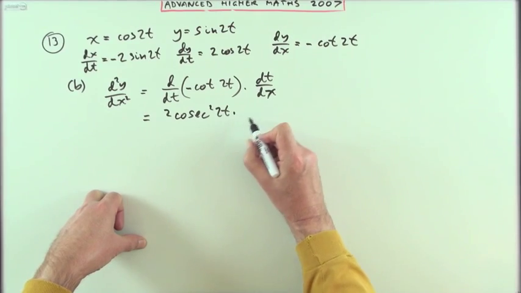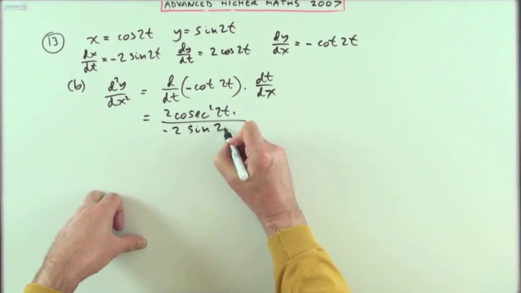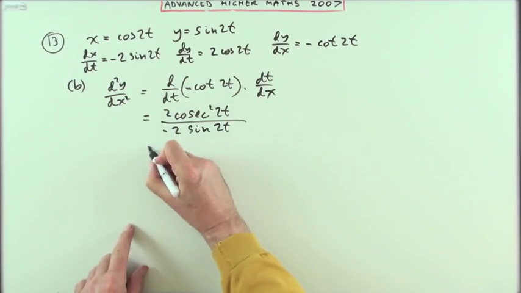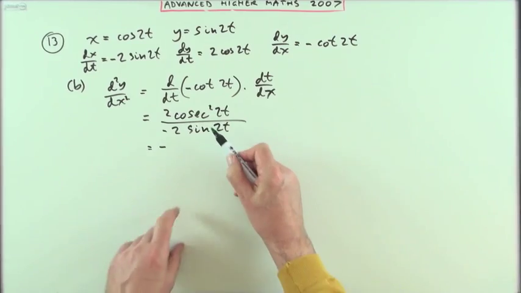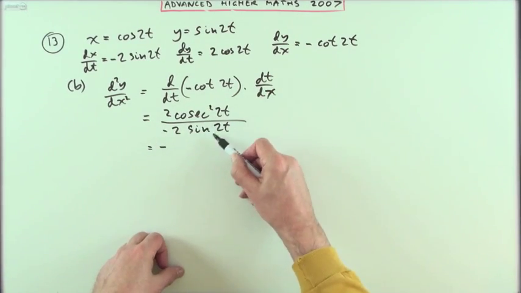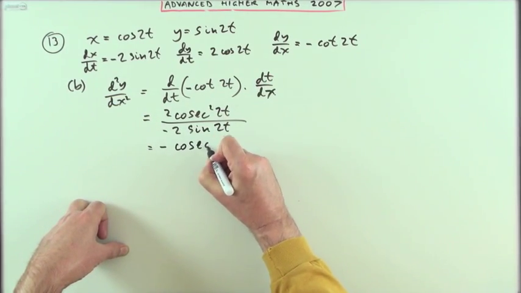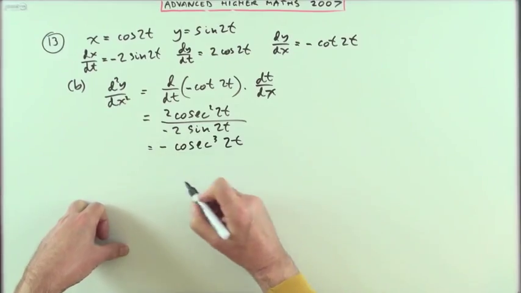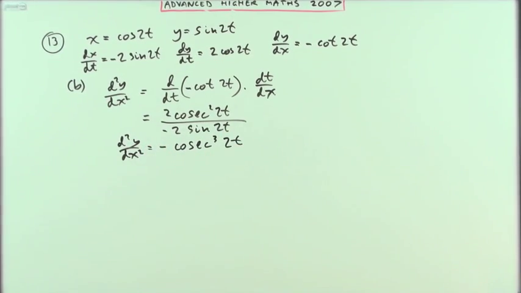So times 1 over, or simply write it underneath, over negative 2 sine 2t. Cancelling that down, the 2's will disappear, the whole thing will be negative. Cosec is the reciprocal of sine, so I've got another sine underneath, which will give me a cosec on top. So I've got negative cosec cubed 2t for the second derivative of y with respect to x.